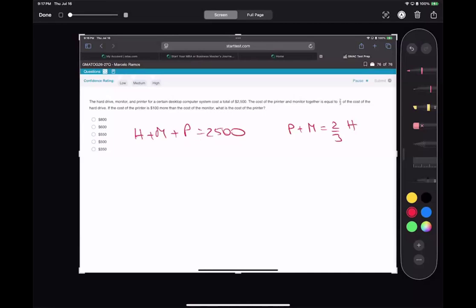If the cost of the printer is 100 more than the cost of the monitor, what is the cost of the printer?